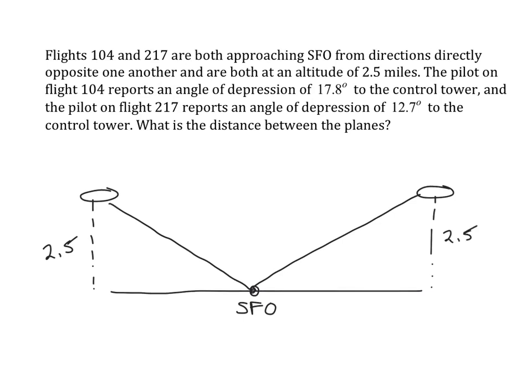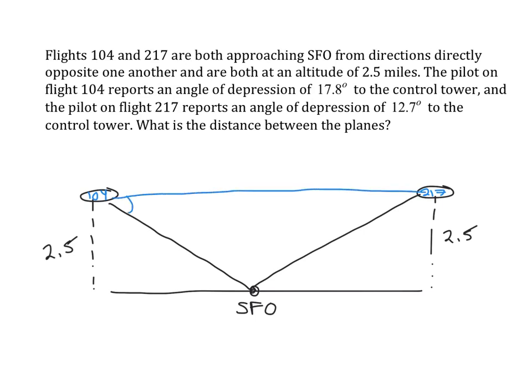So it says the pilot on flight 104, let's call this flight 104. I'll put it inside the airplane, and that means this is flight 217. The pilot from flight 104 reports an angle of depression of 17.8 degrees. So remember, anytime you have an angle of depression, it needs to be drawn from a horizontal.